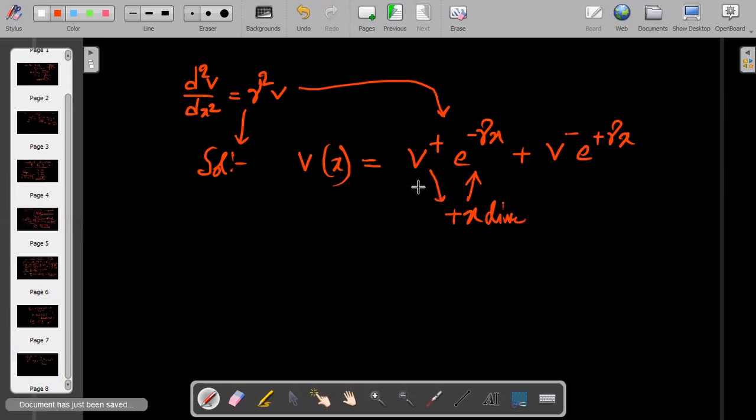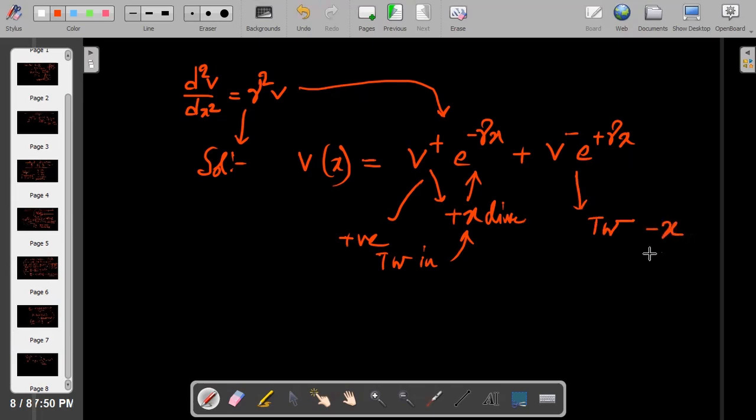This is called the traveling wave in positive x direction. This is again a traveling wave, but in negative x direction, because of plus x. Similar concept to what we have discussed so far today. And gamma, we know this is alpha plus j beta. This is also the same. The concepts are the same.